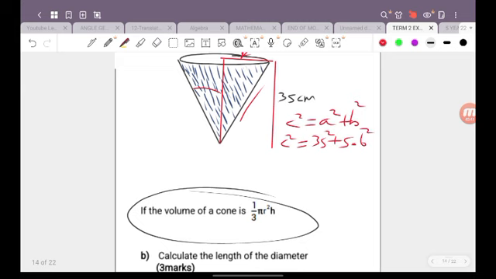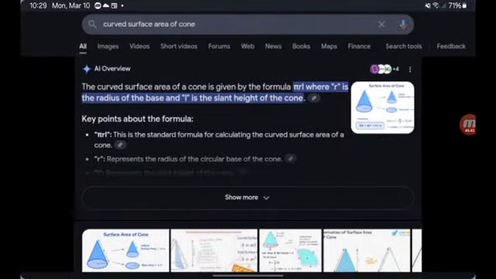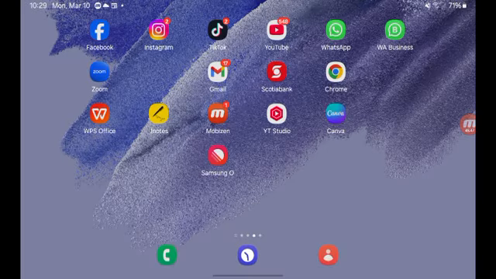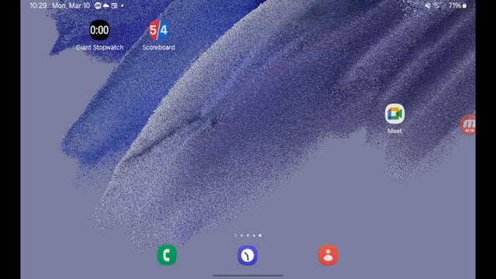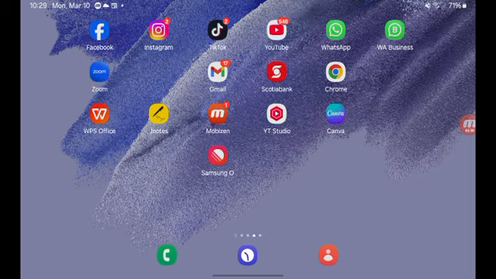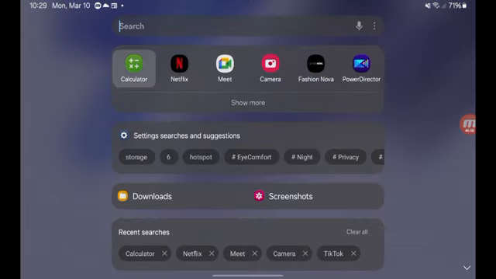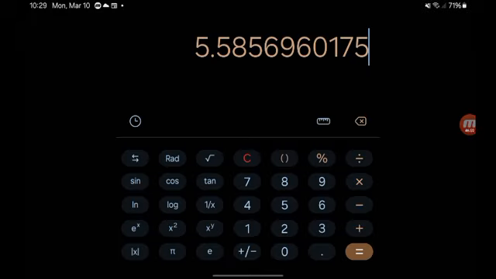So if we go on our calculator and do some mathematics, that's going to be 35 squared.